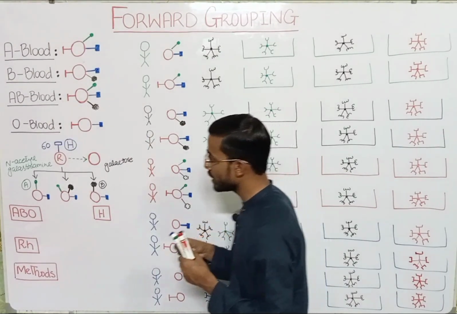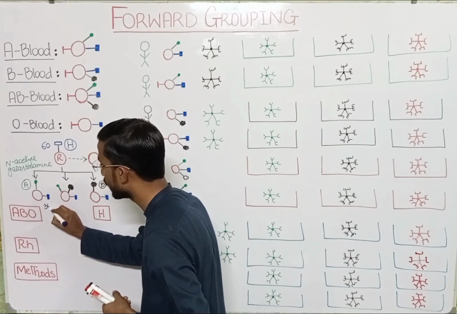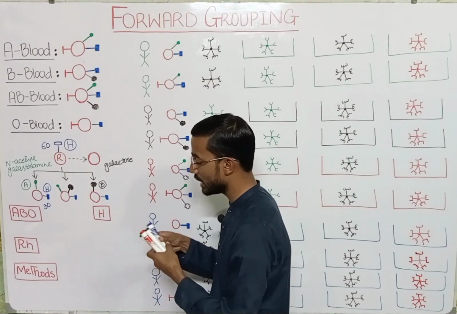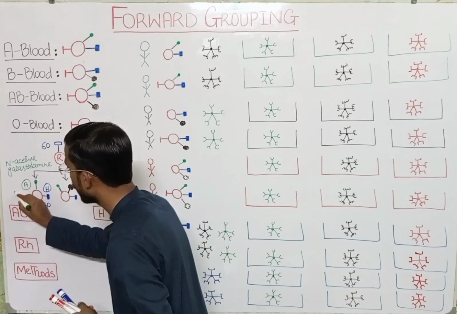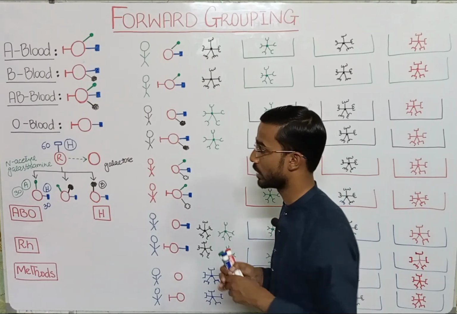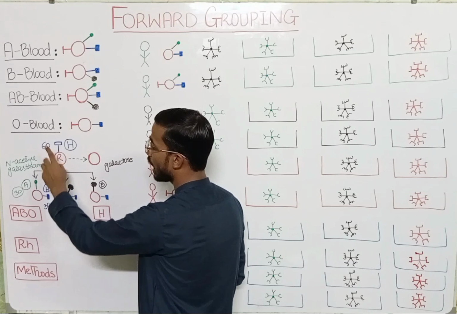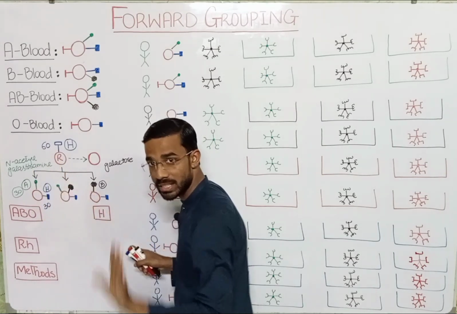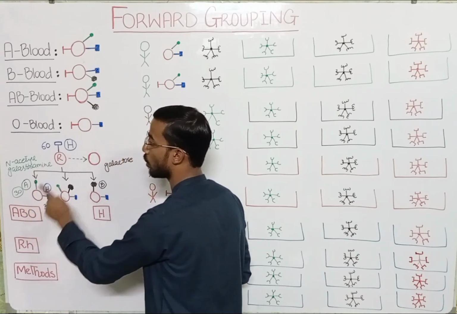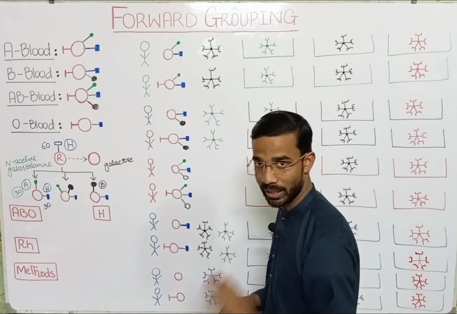Say 30 H antigens remain the same and only 30 convert into the A antigen by the addition of N-acetyl galactosamine. So of the total 60 H antigens, half remain the same and half convert into the A antigen. This is case 1.